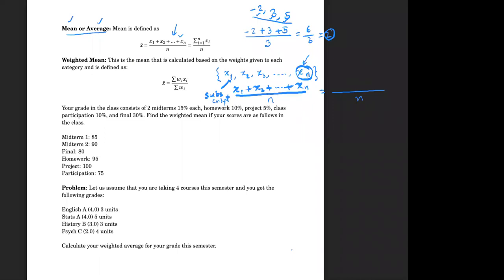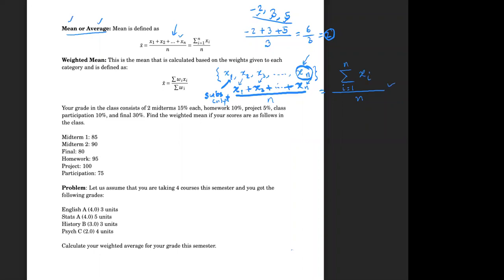But on the top, you have the sum of all these individual data points. This is an individual data point, this is an individual data point, and so on and so forth. There is a compact way of writing it. It's written like this: summation, i equals 1 to n, x sub i.